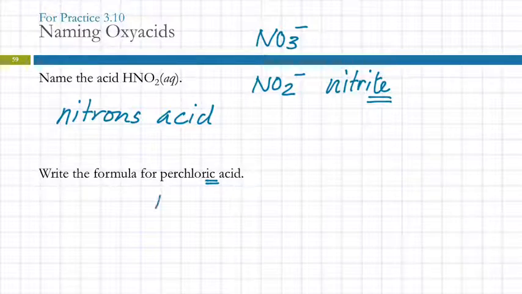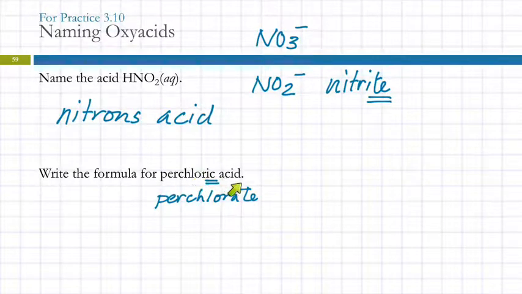Ate. So this is an acid that has perchlorate ion in it. We take perchloric, change ic to ate. We're just doing the opposite of what we did up here. We took nitrite, going to nitrous. Here we're going the other way around, ic to ate.